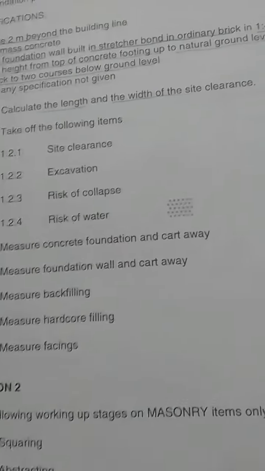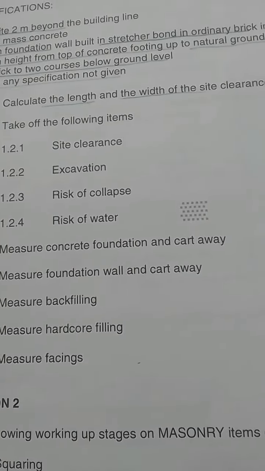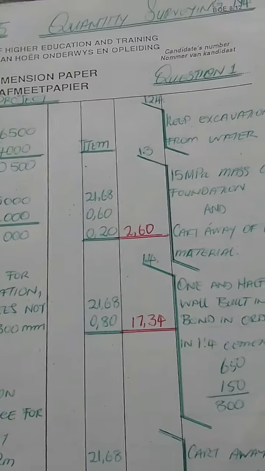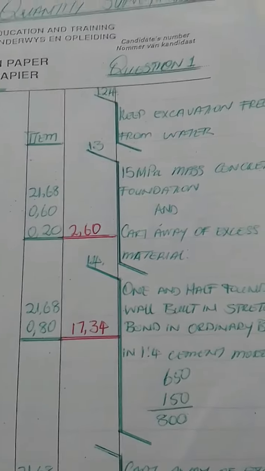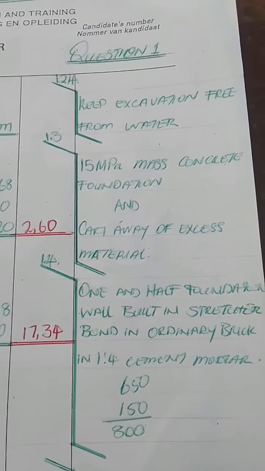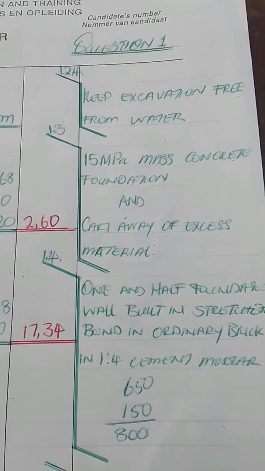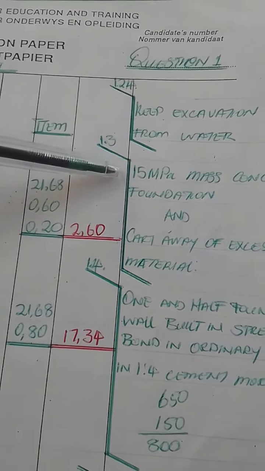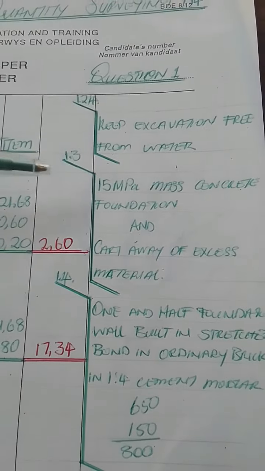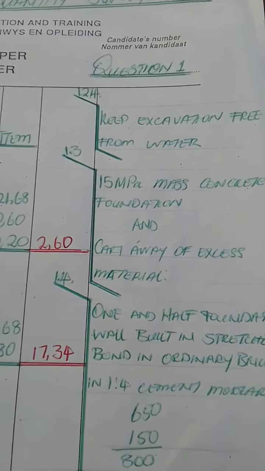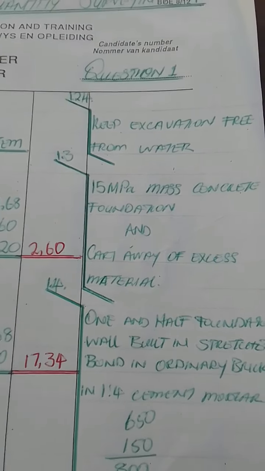The next question says measure the concrete foundation and cutaway. For 1.3, looking at the specification, we need to describe our description as 15 MPa mass concrete foundation, because they told us to do a cutaway also.